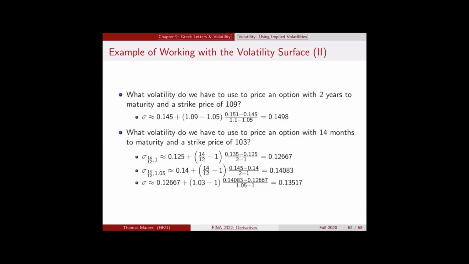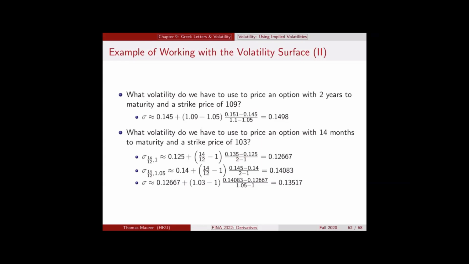I start with the option which has 1 year left to maturity and is at the money. Combine that with the option which has 2 years left to maturity and is also at the money. The slope if you interpolate between these two values is this 13.5% minus the 12.5%, divided by the difference in maturity.